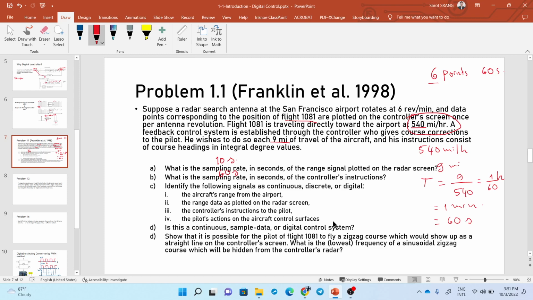Does it include control? Well, we asked the pilot to. Yes, because you get the feedback from the radar station to the pilot to correct the action, right? So it's a feedback control. So it's supposed to be a digital control system.